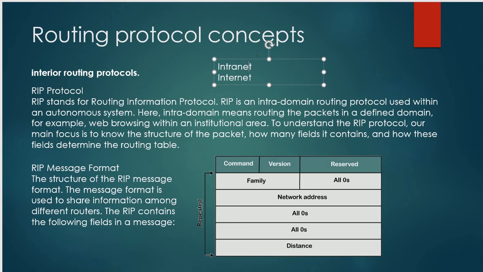But if it is a public IP, then it is routable, it can go out to the networks, and it can be routed by the routers. So intranet and internet are there. RIP is an intra-domain, meaning internal domain routing protocol used within the autonomous system.